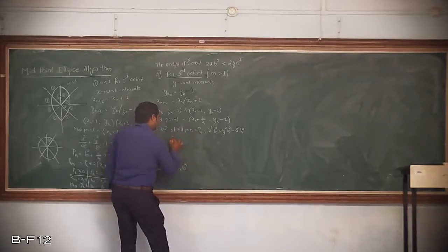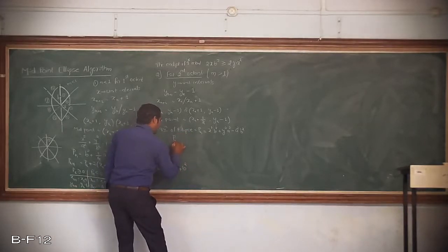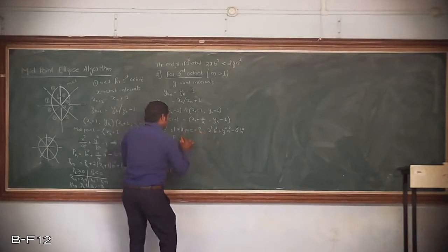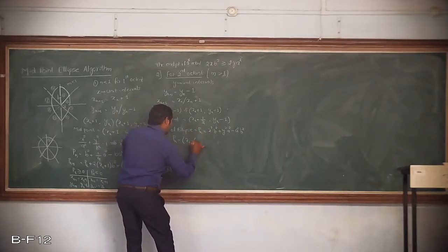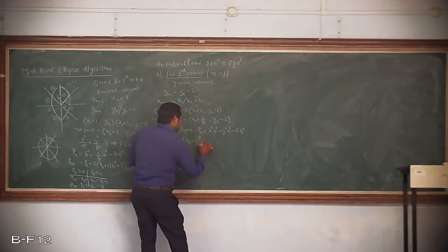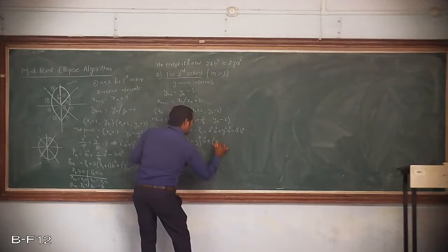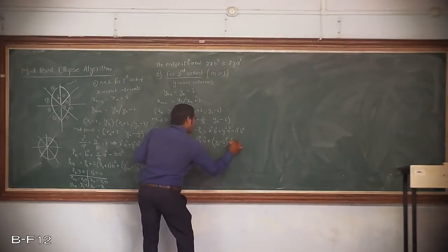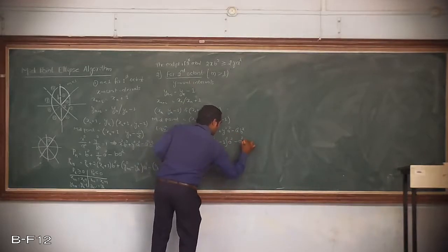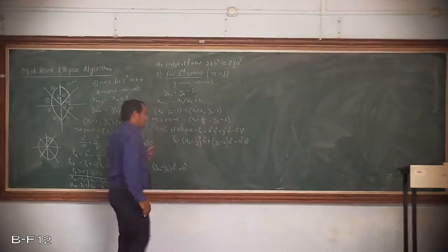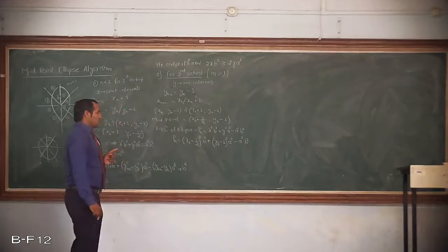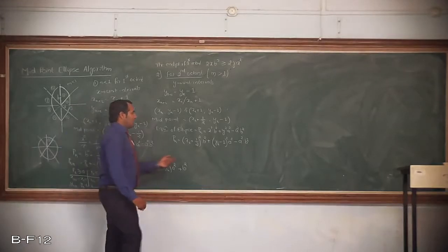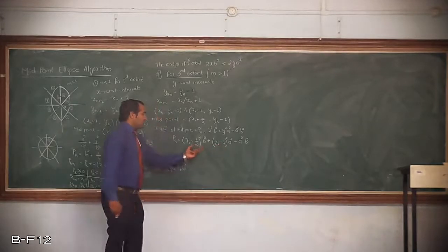So decision parameter pk will be x square b square plus y is yk minus 1 whole square a square minus a square b square as it is. I will keep this term as it is and try to simplify this term.